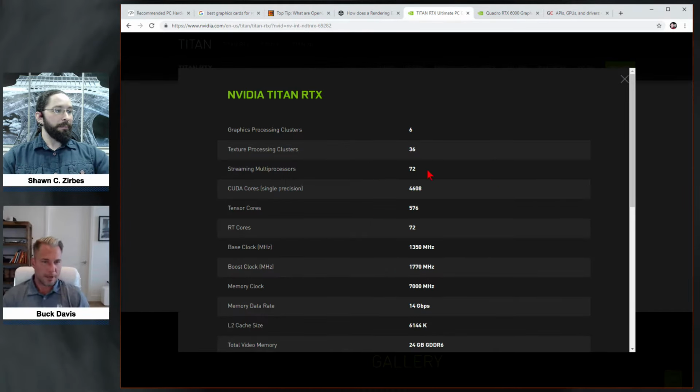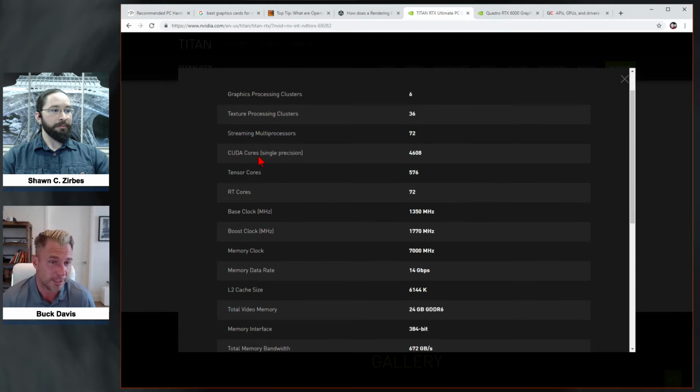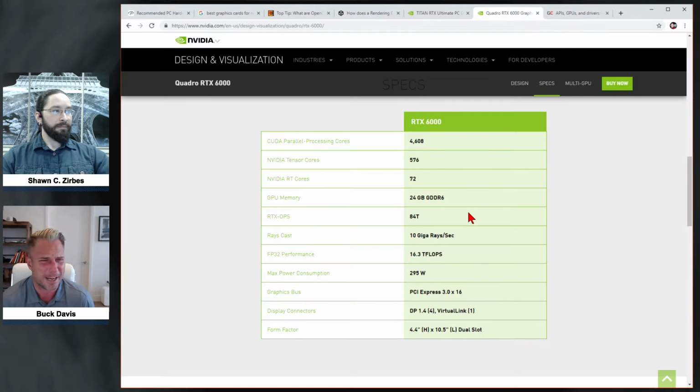Yeah. Okay, so if we look at this, it's got 6 graphics processing clusters identical to the 6000. It's got 72 streaming multiprocessors identical. The CUDA cores, which is really important, is 4608 identical. Tensor cores, I believe we have 576 on the Titan RTX, and we have 588.